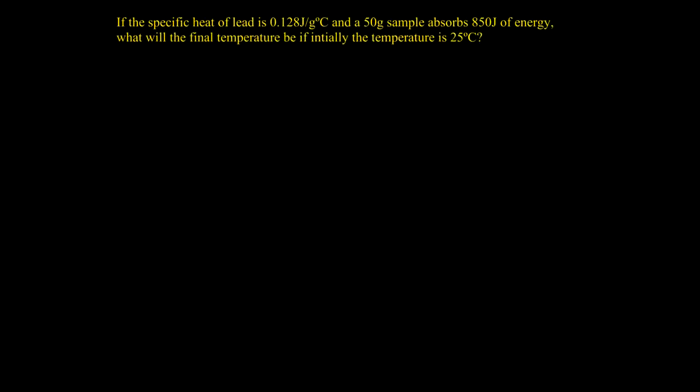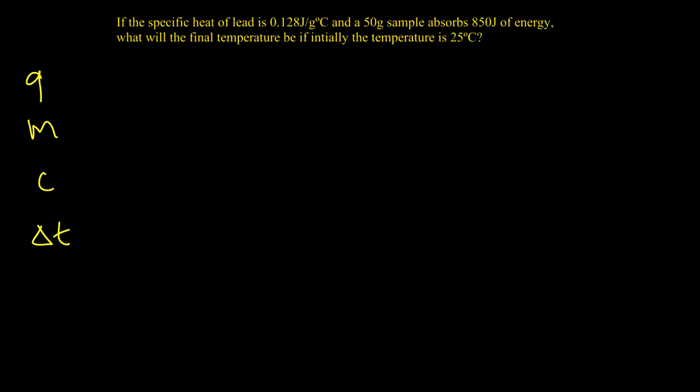Alright, let's do one last problem. If the specific heat of lead is 0.128 joules per gram degree Celsius and a 50 gram sample absorbs 850 joules of energy, what will the final temperature be if initially the temperature is 25 degrees Celsius? Alright, so this one's a little bit more challenging, but we can do it. So as always, let's pick out our variables.